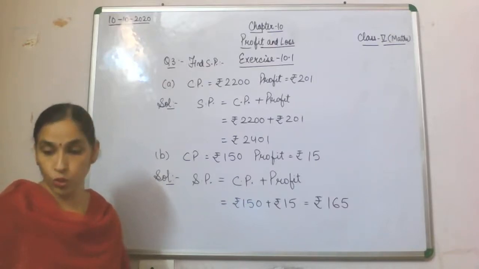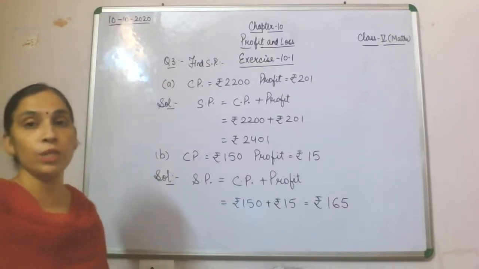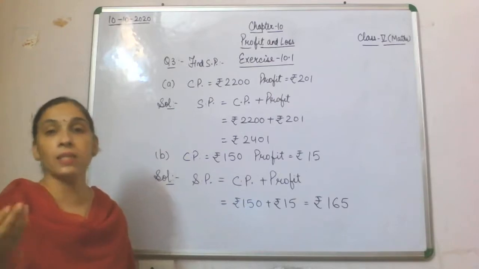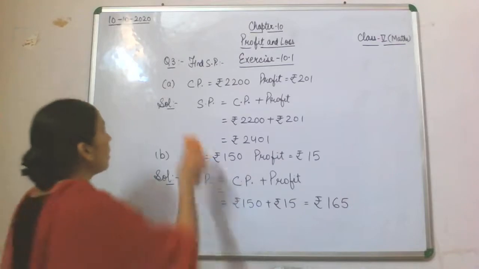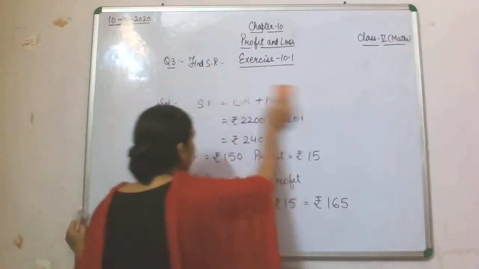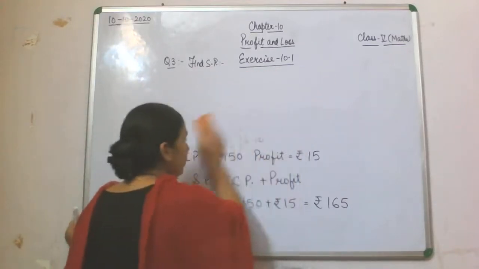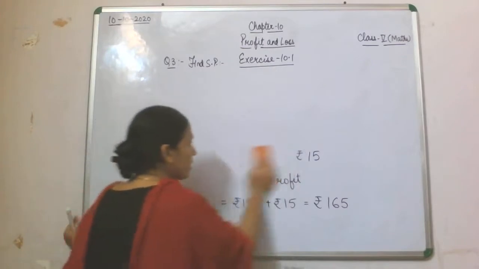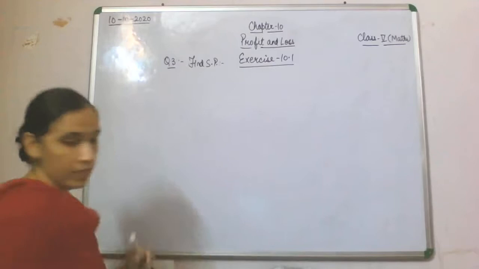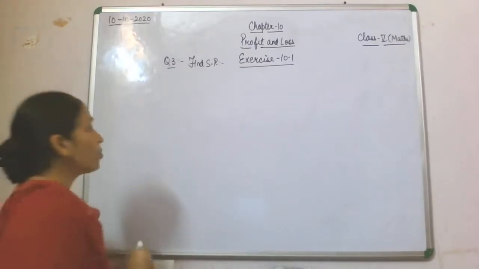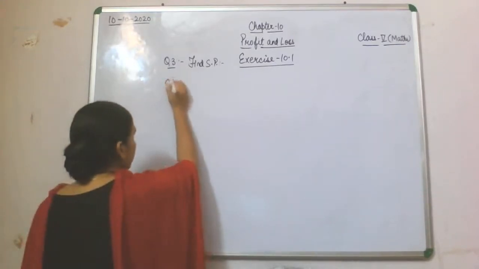Whenever you want to earn a profit, you are going to increase the price of that particular item. So now we'll see, if you get a loss, then how will you find the selling price? So let's start C part.